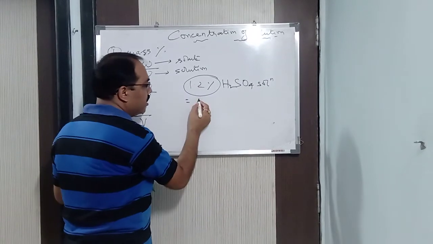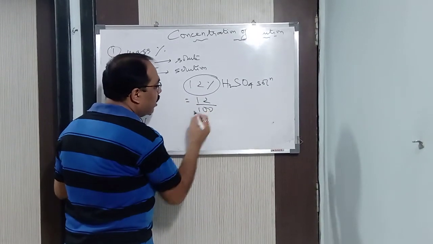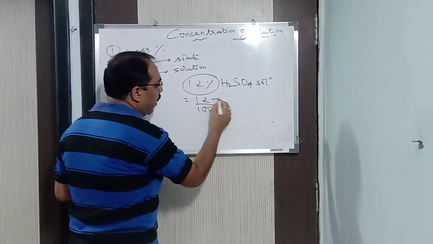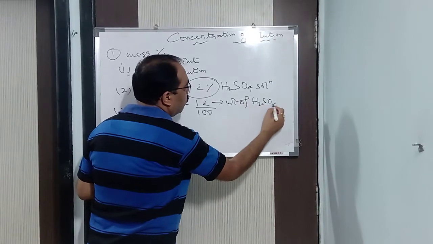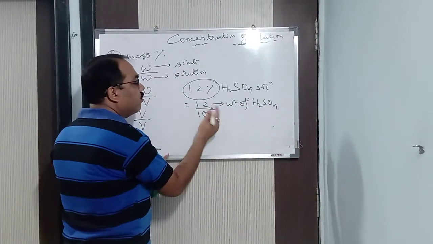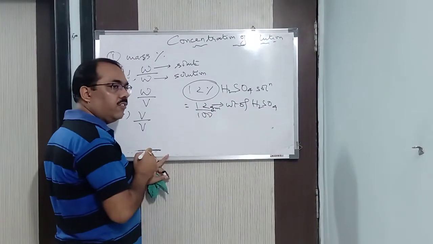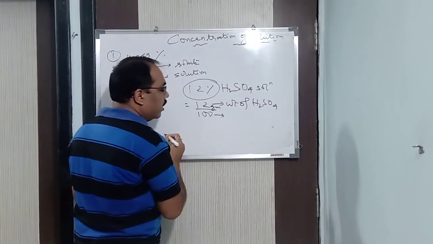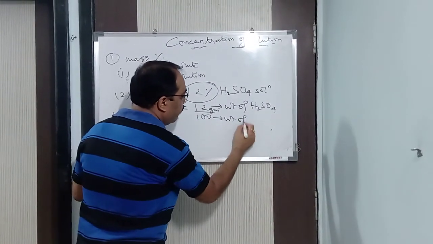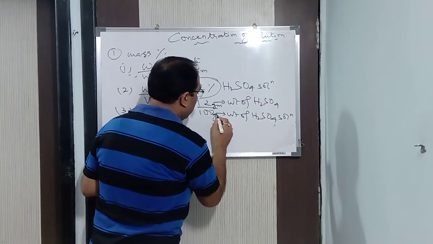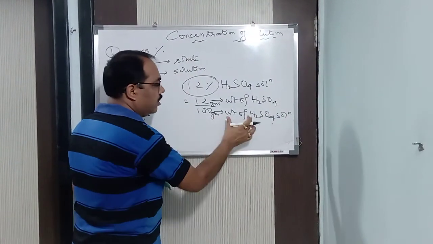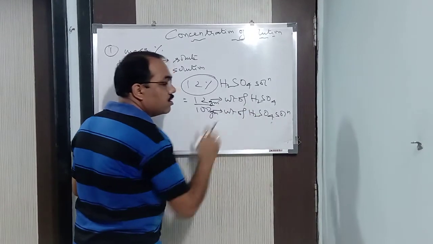1.2% I am saying. That means 1.2 by 100. Simple. 1.2 is the weight of what? H2SO4. 1.2 gram is the weight of H2SO4. And 100 is nothing but the weight of H2SO4 solution. Solution means H2SO4 plus water.